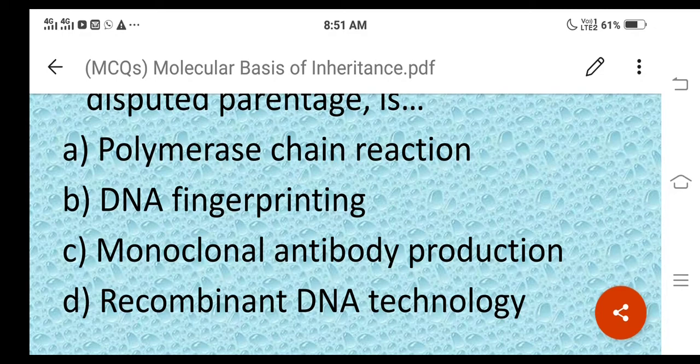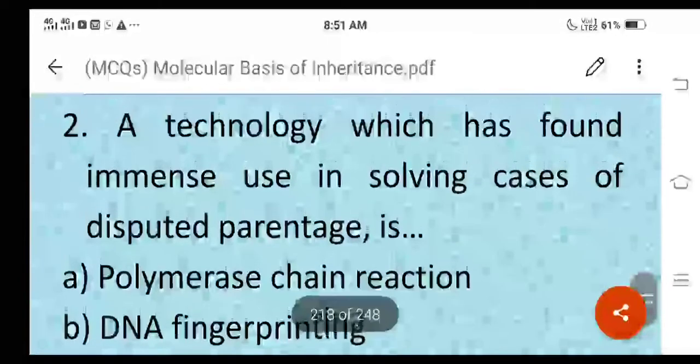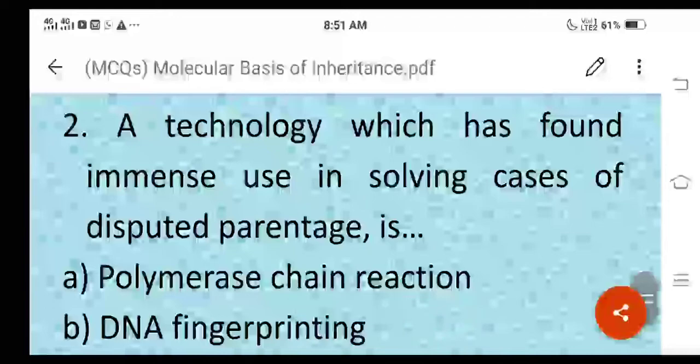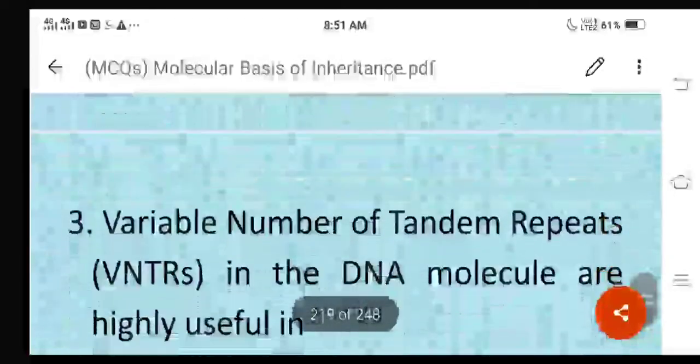The correct answer is DNA fingerprinting. This technology has immense use in solving cases of disputed parentage, identifying criminals, tracing evolutionary history and many more, with many applications. Option B is the right answer.